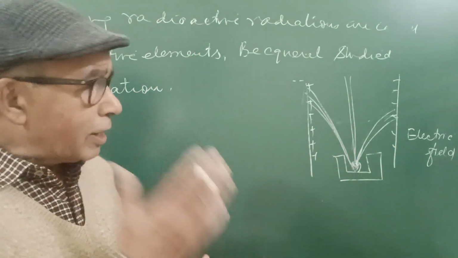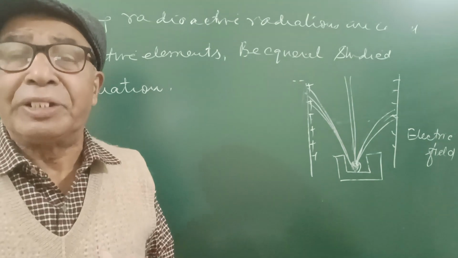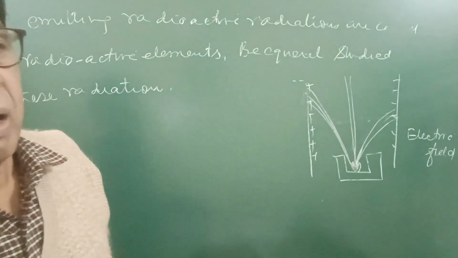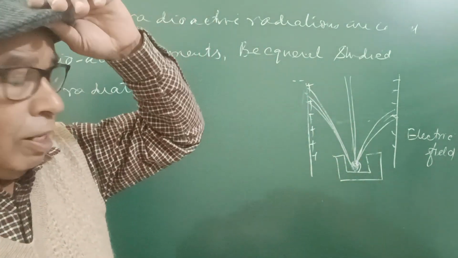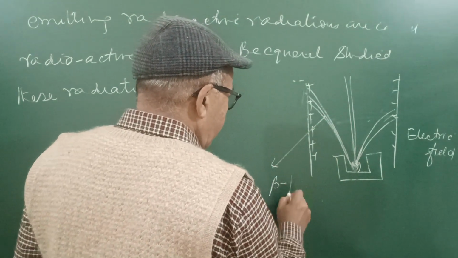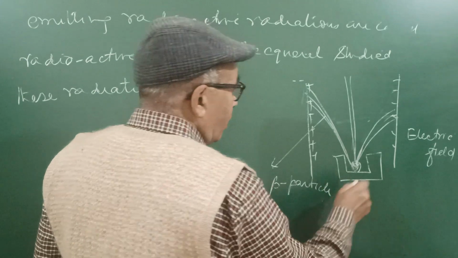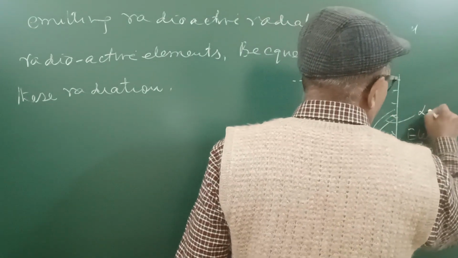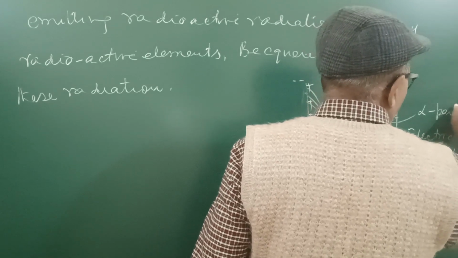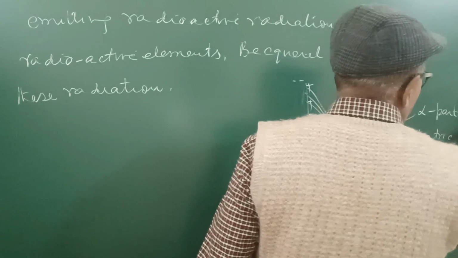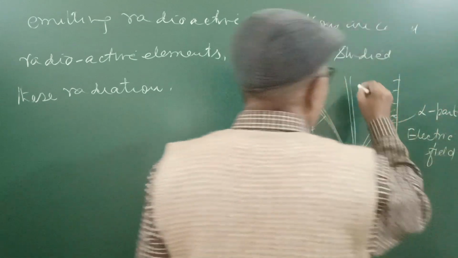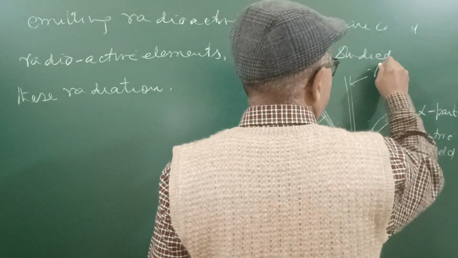They are not visible; they were detected using photographic plates. These radiations can pass through thin sheets of metal and have different properties. These are called beta particles, these were called alpha particles, and gamma photons, gamma rays.